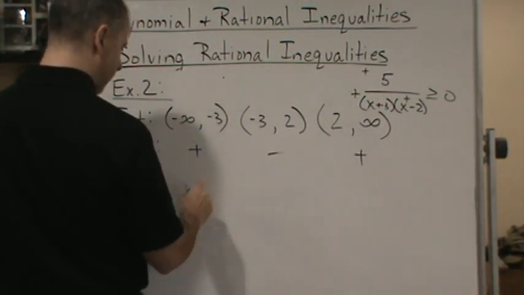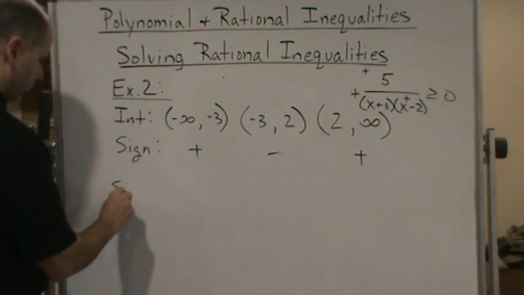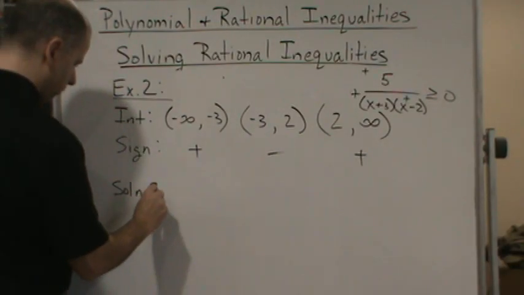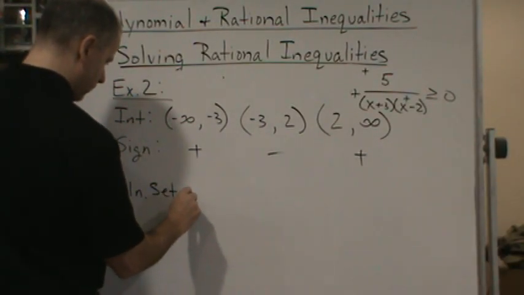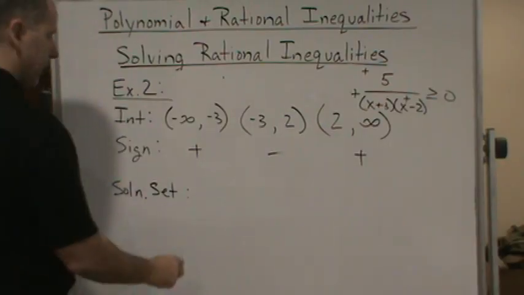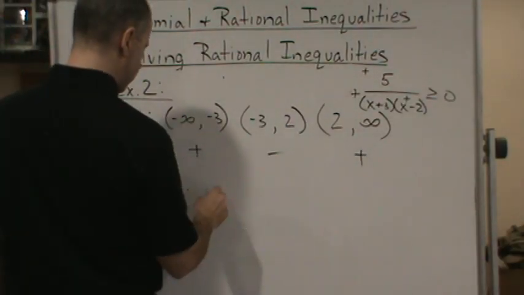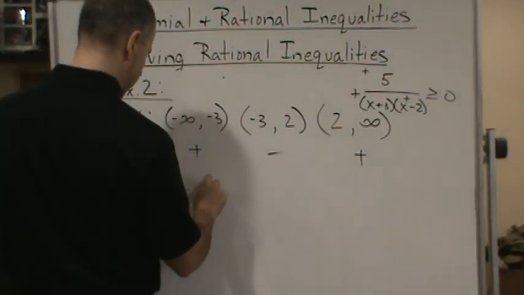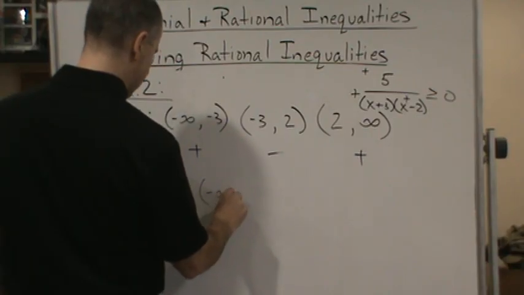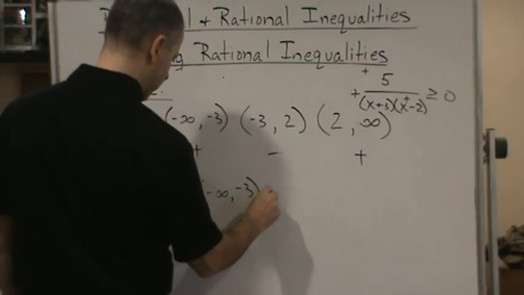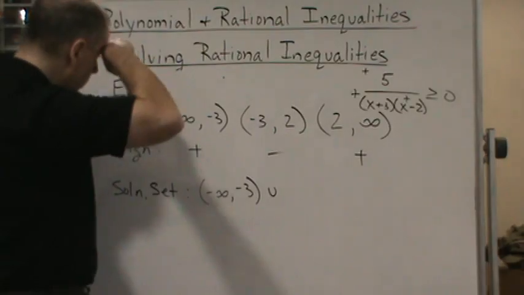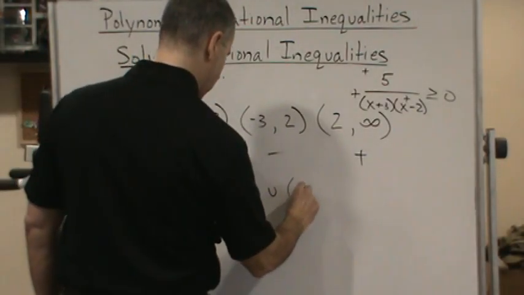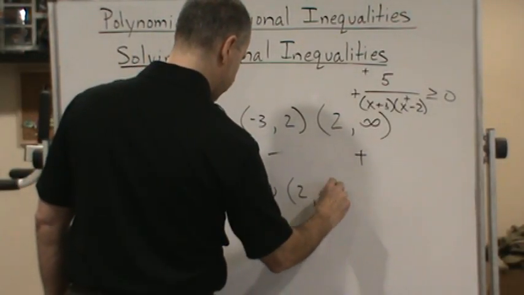So the solution set for this is going to be, well, it's greater than or equal to 0, so it's going to be -infinity to -3 union 2 to positive infinity.